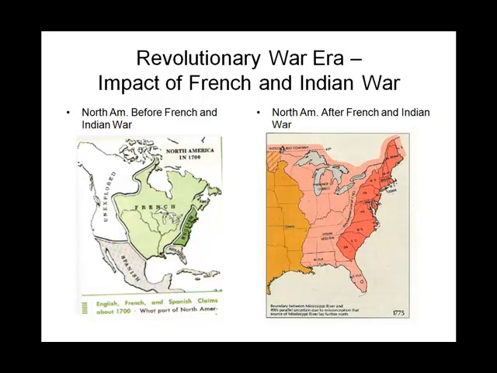Britain has to change its policy after the French and Indian War, its colonial policy, in two ways. Number one, they have to adopt a policy that will help them to govern this huge, vast territory that they've just acquired. And then number two, they've got to figure out how they are going to financially support this territory, as well as their empire that has grown all over the world.